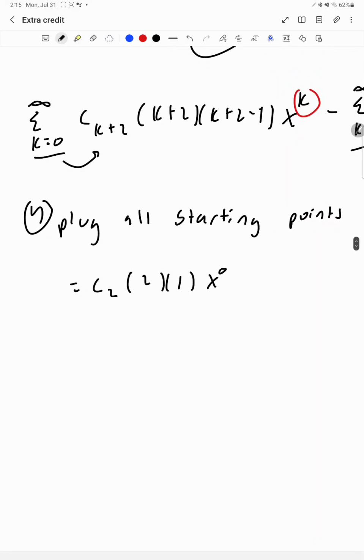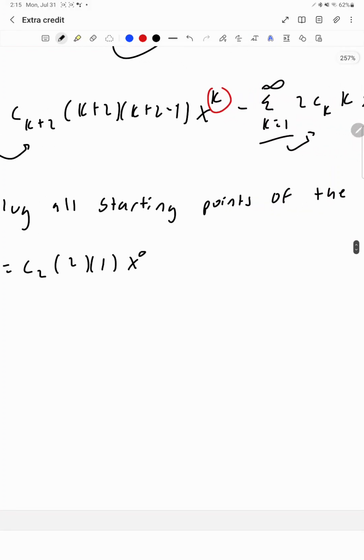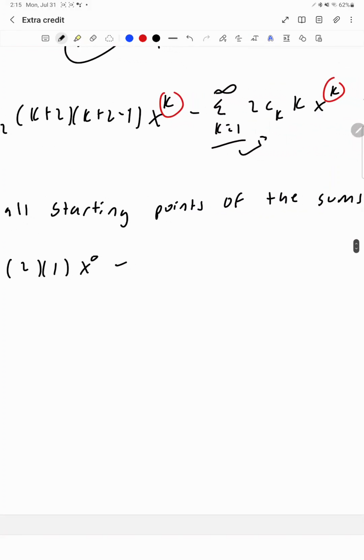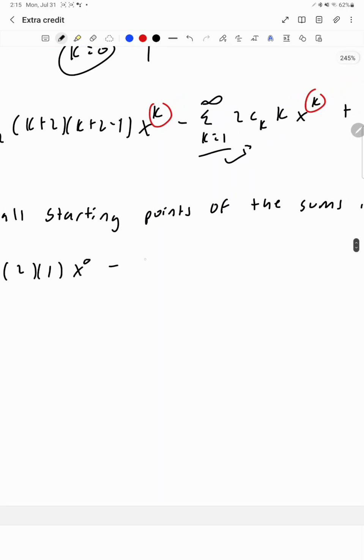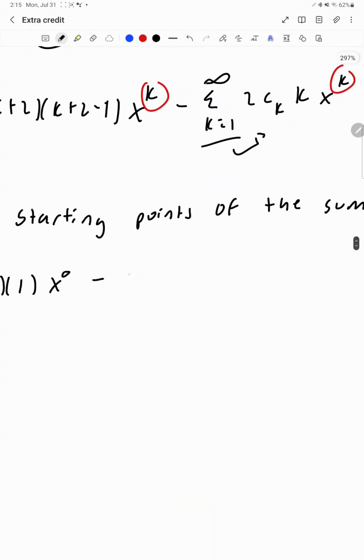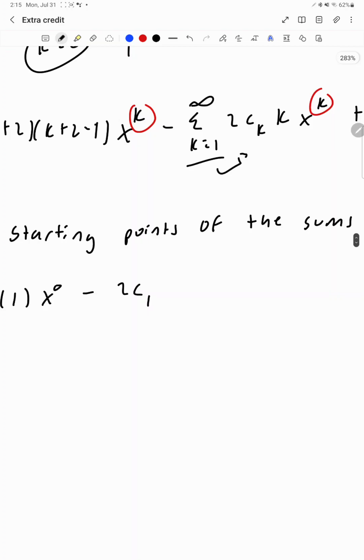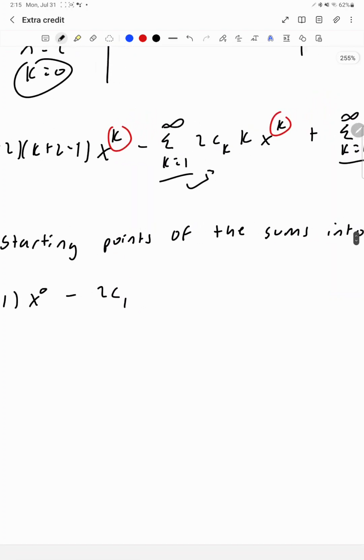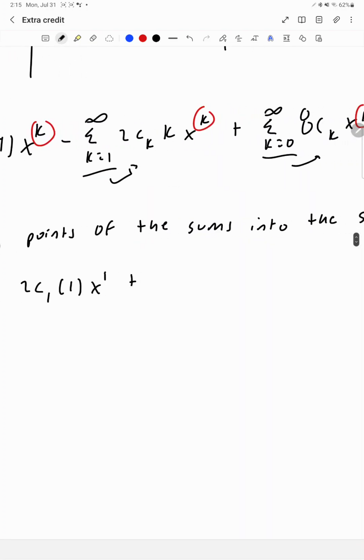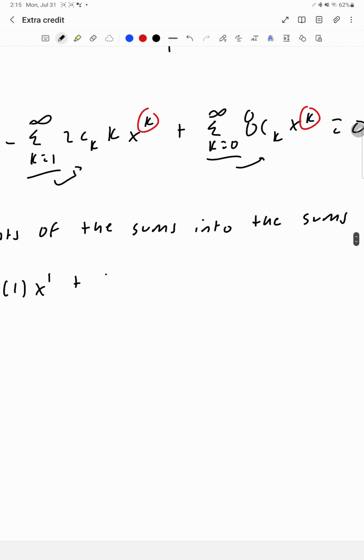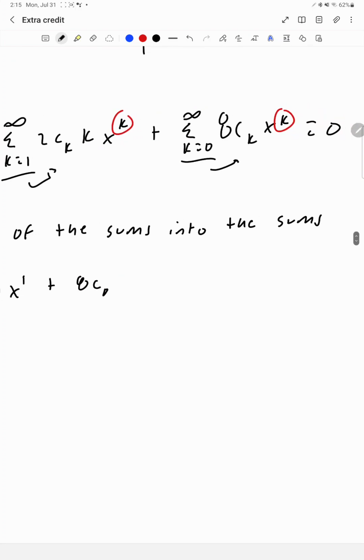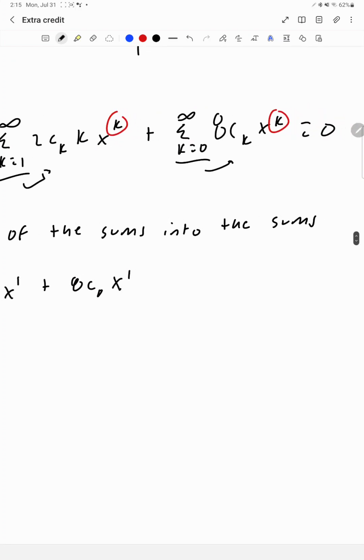So that's just 1. And then you plug in k equals 1 to there, you get C1, 2C1 times x to the power 1 plus, plug in 0 there, x to the 0, and that's just 1.